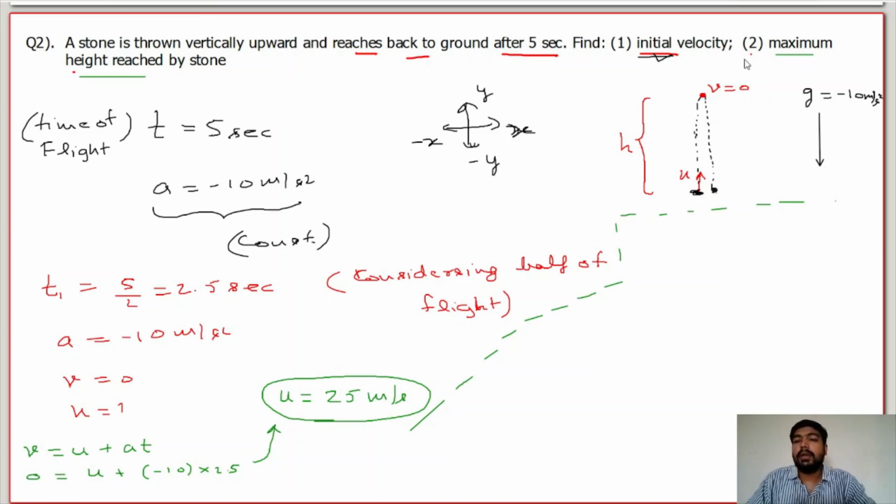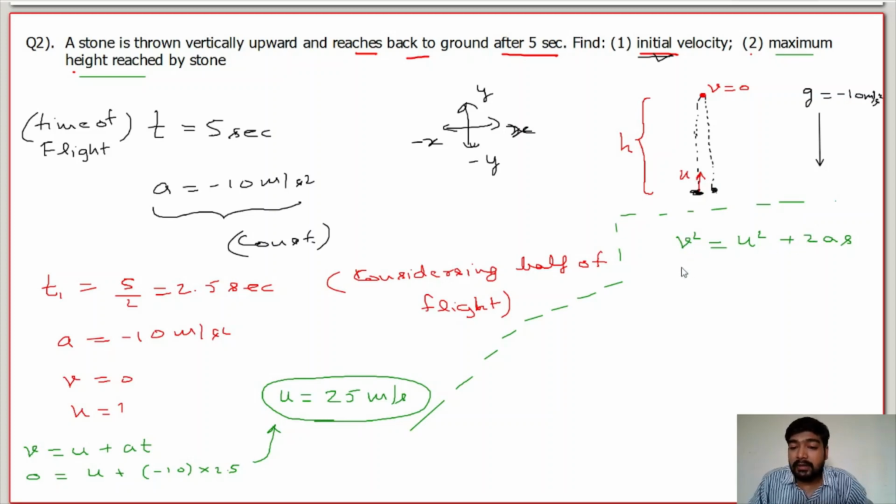Now maximum height reached, we need to find this h. We can apply in this half portion only the third equation of motion. That means v square equals u square plus 2as. As is the displacement. In the first half of the motion, the displacement is towards the positive y, so the answer should come in the positive.